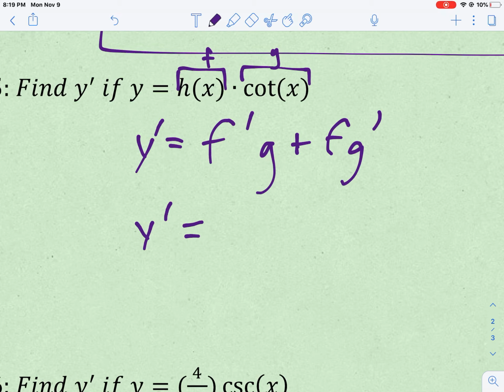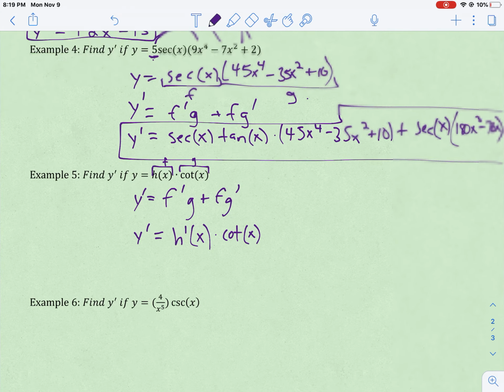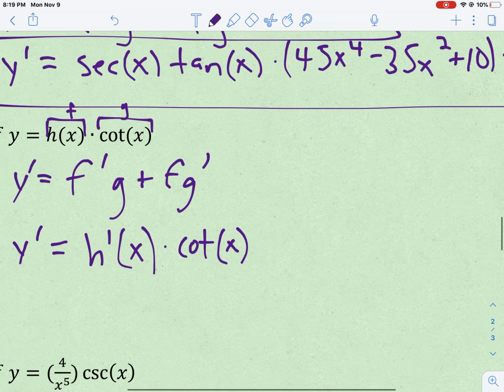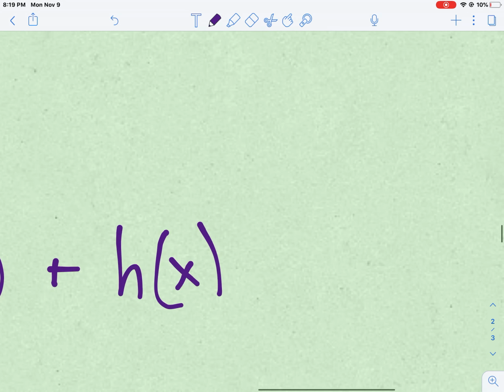So now y prime is f prime g, so that's h prime of x, times the cotangent of x, right? Because we don't know what h of x is. Okay, so we take the derivative of it, plus f, which is h of x, times g prime, okay?